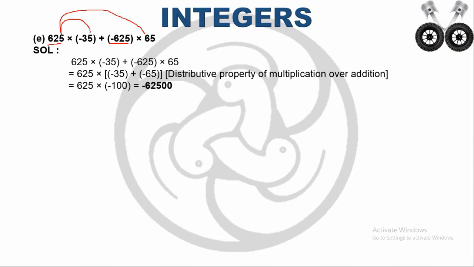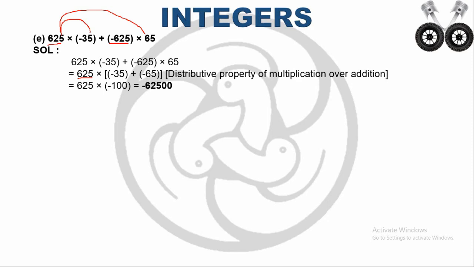I interchange the negative sign to 65, so it can be written as positive 625 into negative 65. Now these two terms have the common factor 625, so I took the 625 outside. Within a bracket I write minus 35 plus minus 65.